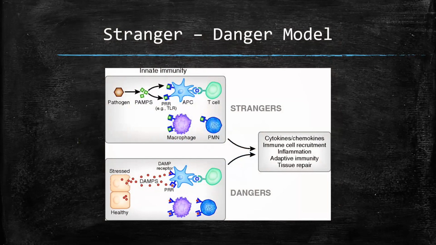I like this picture because it shows the economy of the situation. We have two circumstances. We have an immune system that has to recognize pathogens for sure, but it also recognizes internal dangers, internal threats.